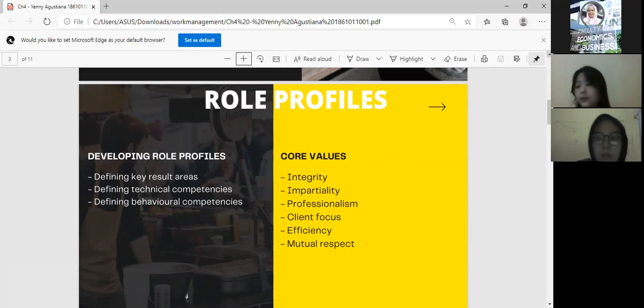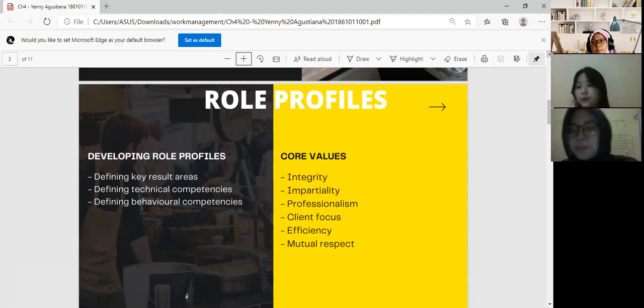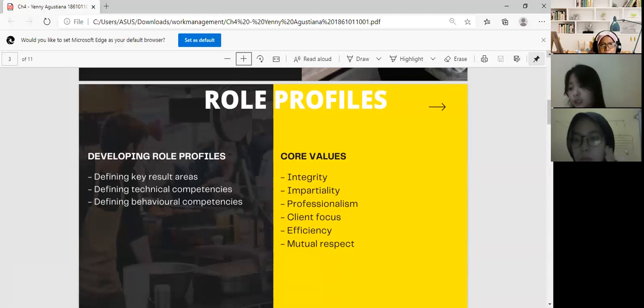Before that, about the role profile: it is the basis of the performance and development agreement, which defines the role in terms of key results expected, what holders are expected to know and be able to do, or the technical competency as we call it, and how they are expected to behave in terms of behavioral competencies, and upholding the organization's core values.